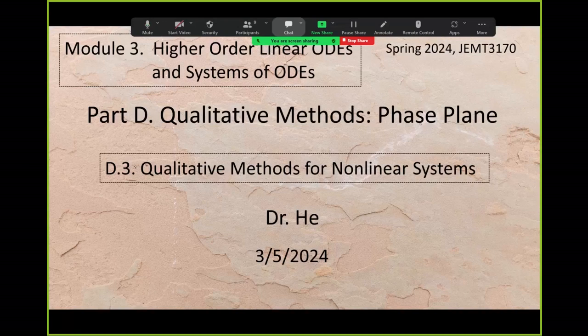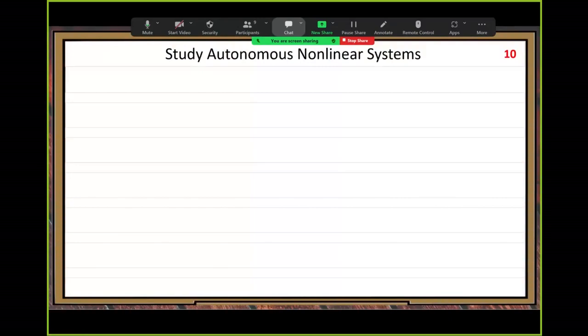So in this part, we want to look at qualitative properties and study autonomous nonlinear systems. Autonomous, because we are looking at the trajectory.